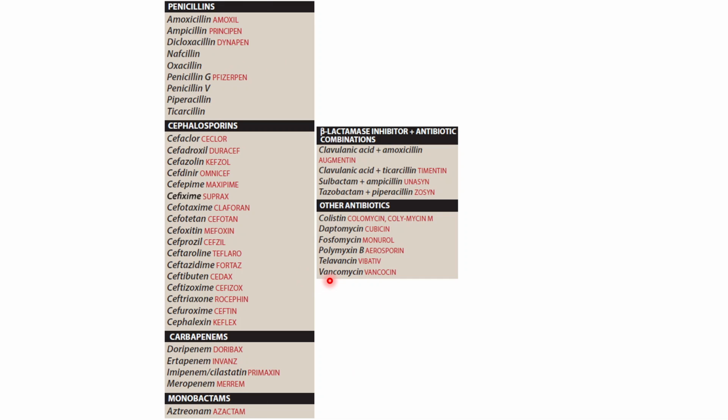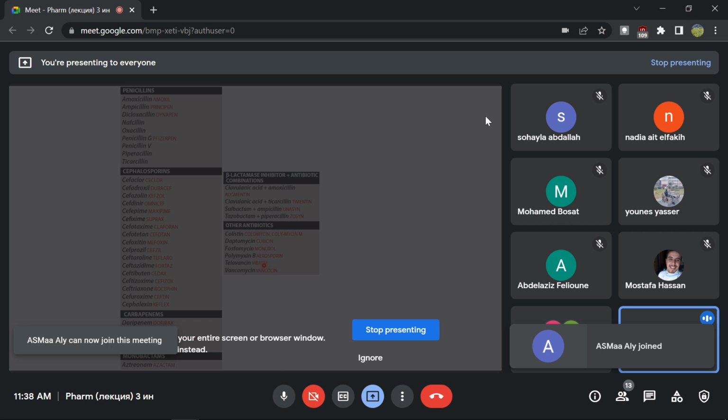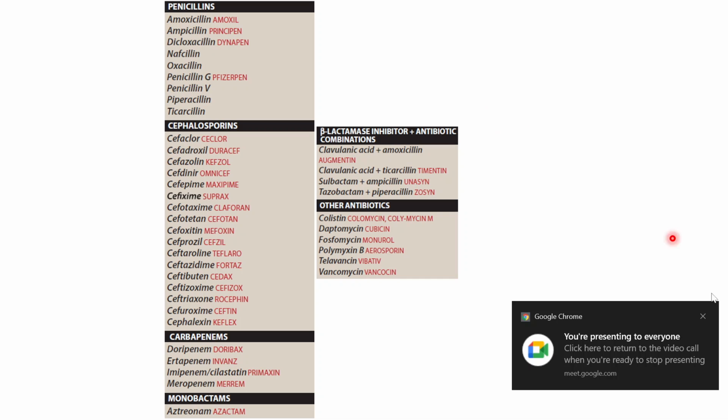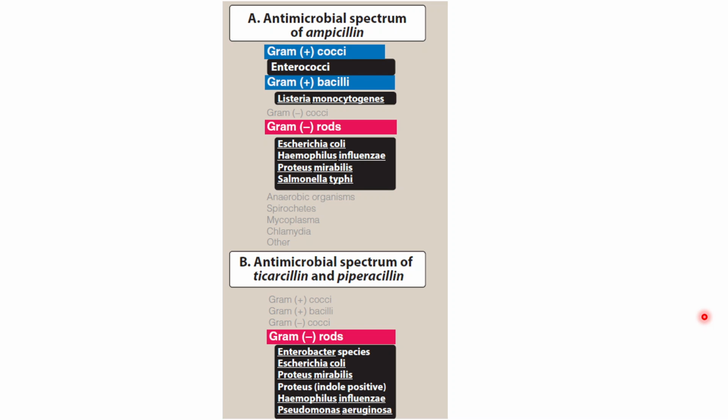So mostly vancomycin, but also other newer antibiotics with a broader spectrum of action are included here. And we will start with the penicillin.